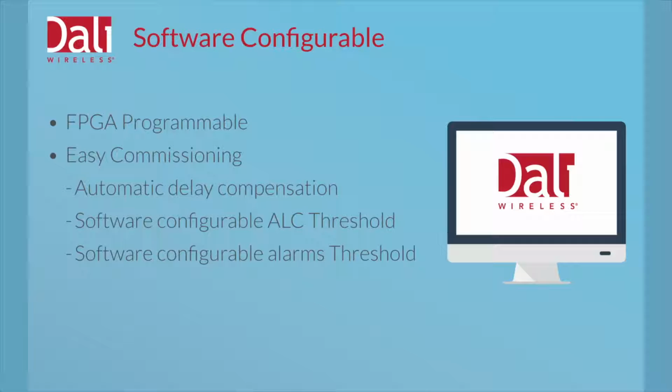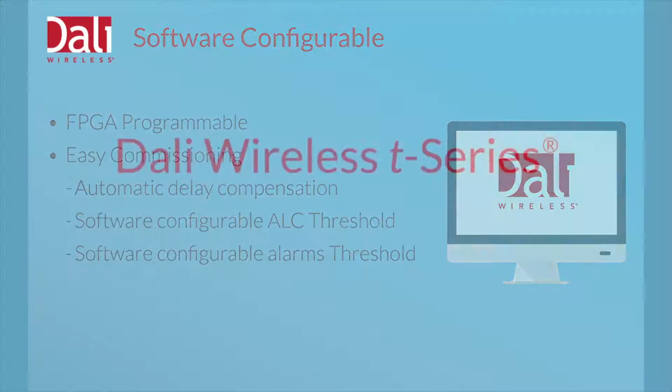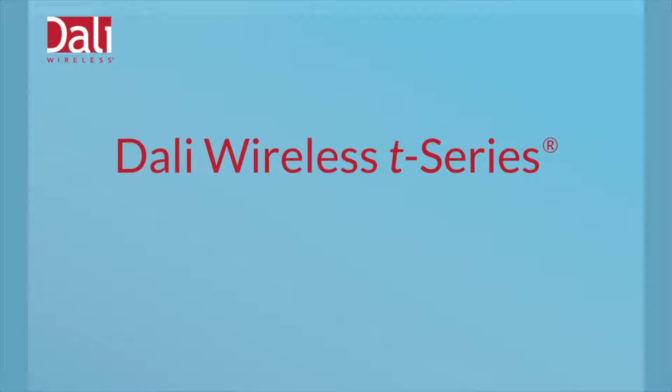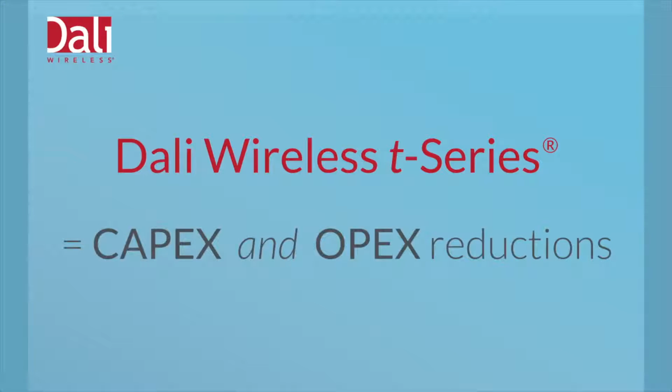It's easy to commission, with an intuitive control and management system with advanced software features like automated delay compensation, software configurable AOC thresholds, and software configured other alarm thresholds, enabling simple and easy commissioning. All of these features are leading to significant capital and operational cost reduction.